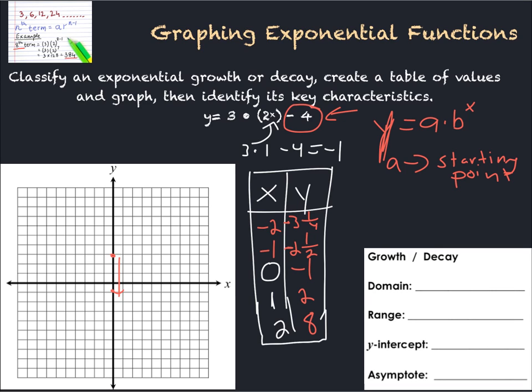So let's go ahead and graph this. So our y-intercept is going to be 0, negative 1. So that would be right here. Okay, and then at 1 we're at 2. At 2, we're at 8.